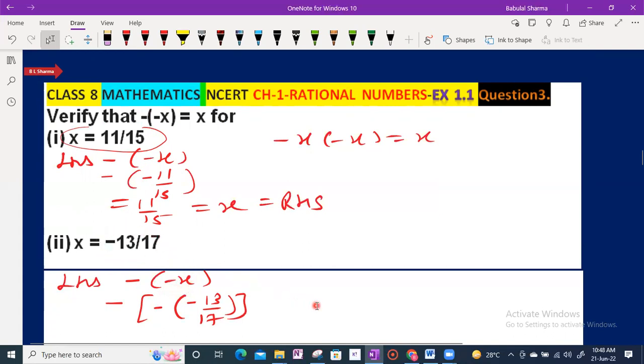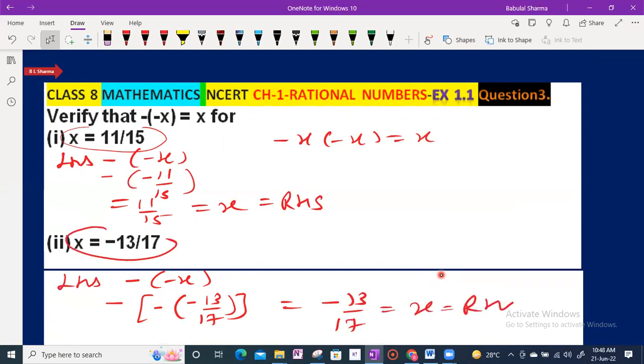Look, this minus as it is, but x is negative. You multiply minus into minus, plus, plus into minus, minus, so that is minus 13/17. And minus 13/17 is x, that is the right hand side. So it is verified. Here it is also verified.